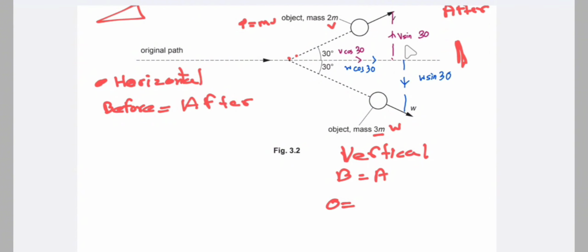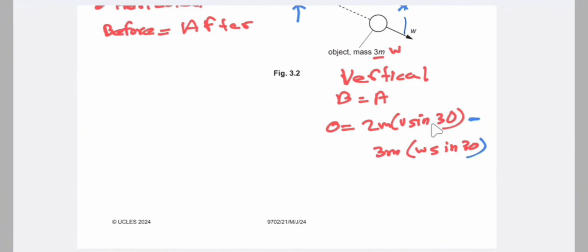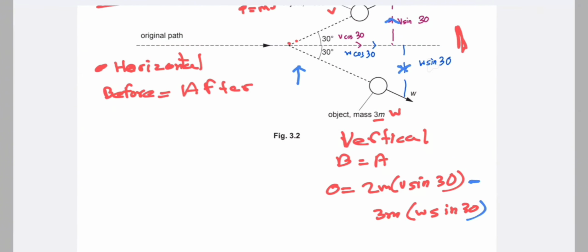So the momentum after collision in the vertical direction is 2m into v sin 30 plus 3m into w sin 30. Now here we know that one is moving upward while the other is moving downward. So if we consider the upward movement as positive, then obviously we need to consider the downward movement as negative.